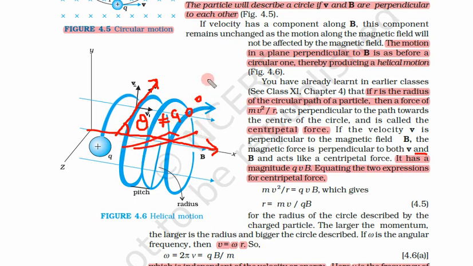Then what will happen? We can break this into two parts. Again we know that we can break any vector into two components, one parallel to the magnetic field, another perpendicular to the magnetic field. So we have broken this velocity into two components.